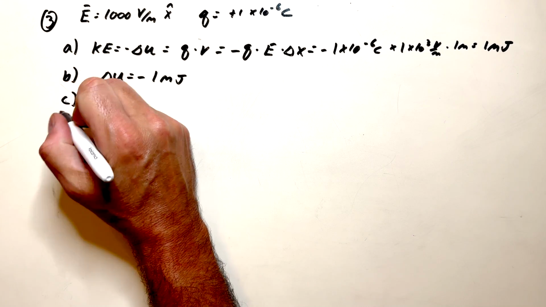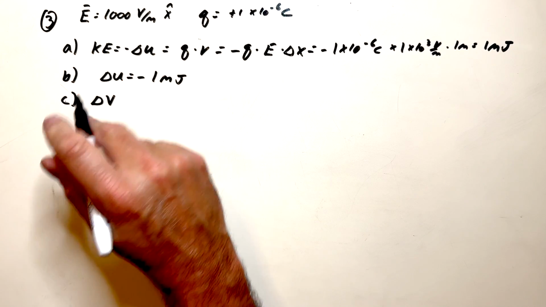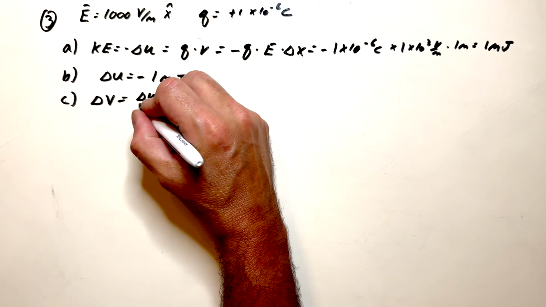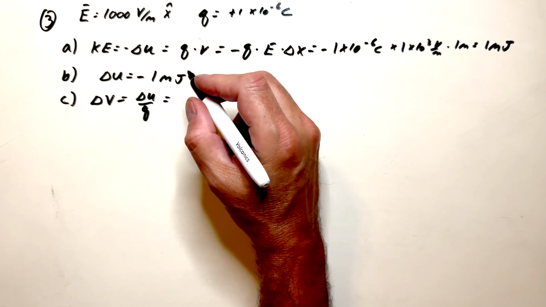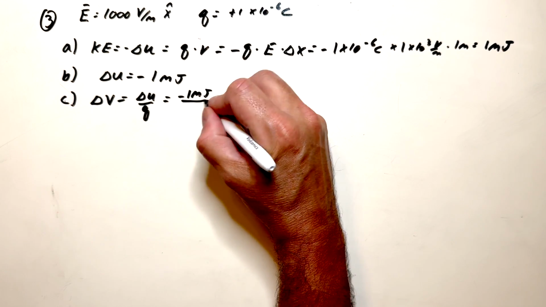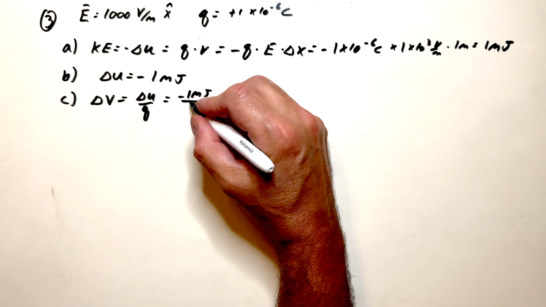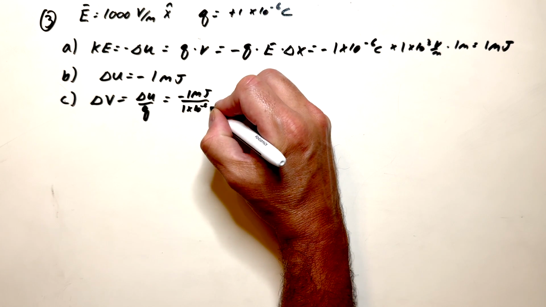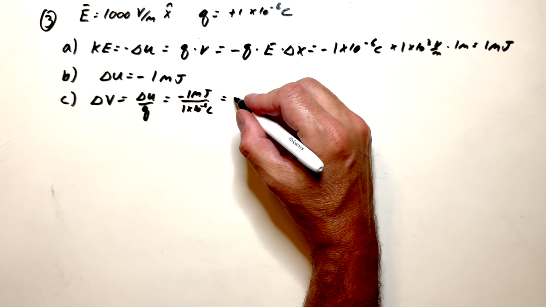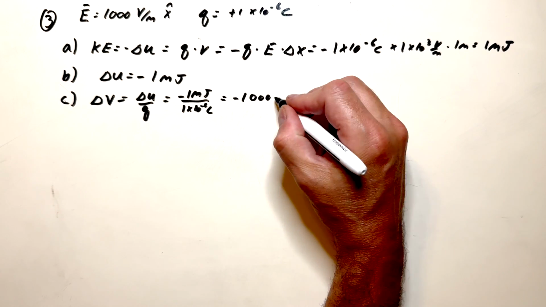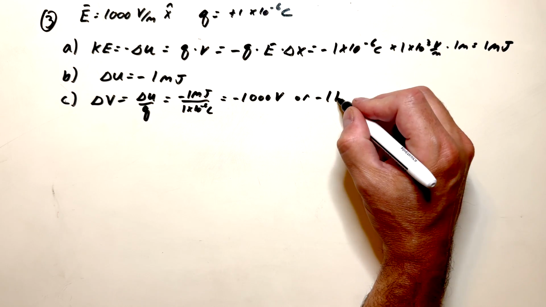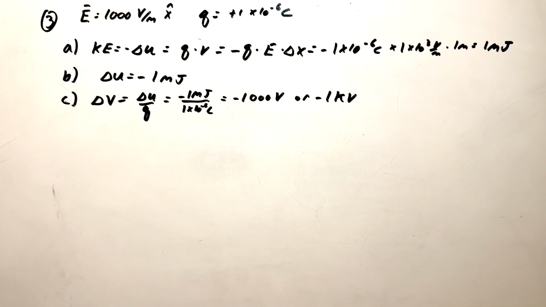Well, the change in electric potential is just equal to delta U divided by the charge. And so that's minus 1 millijoule, divided by 1 times 10 to the minus 6 coulombs. And that's equal to minus 1,000 volts, or minus 1 kilovolt. That's another way to write that.